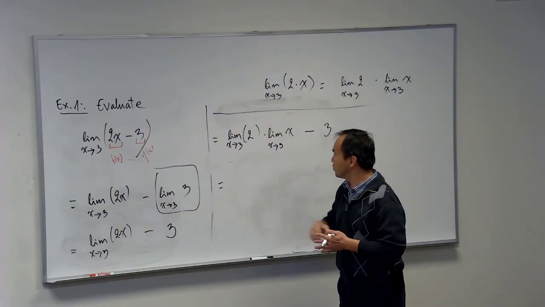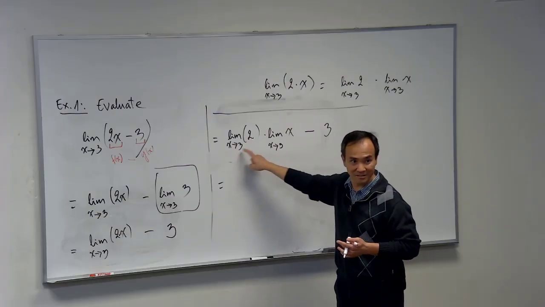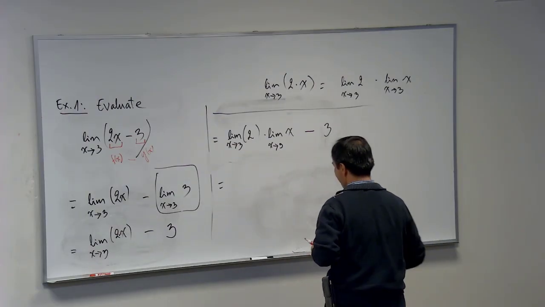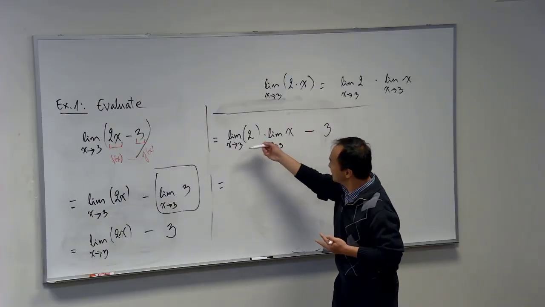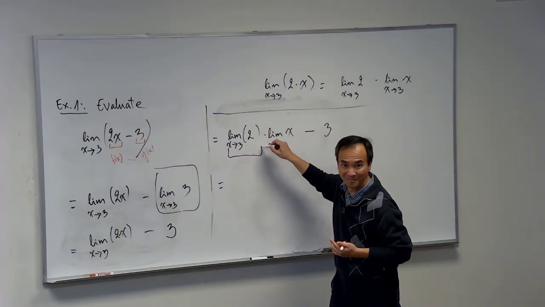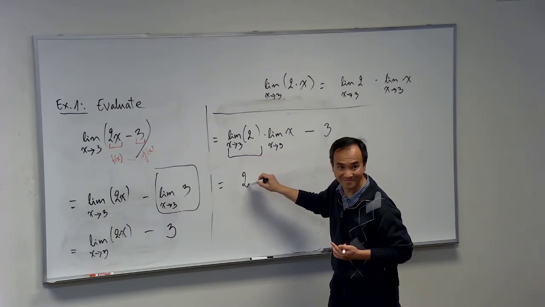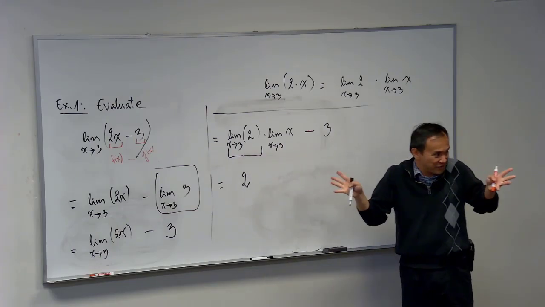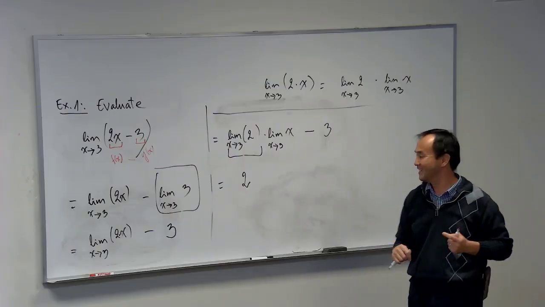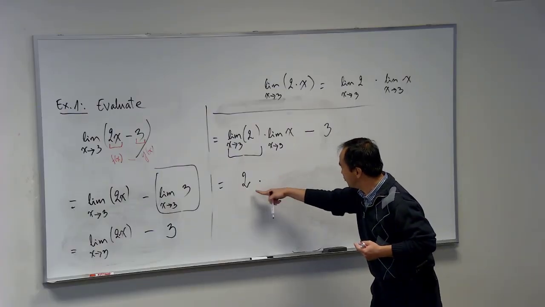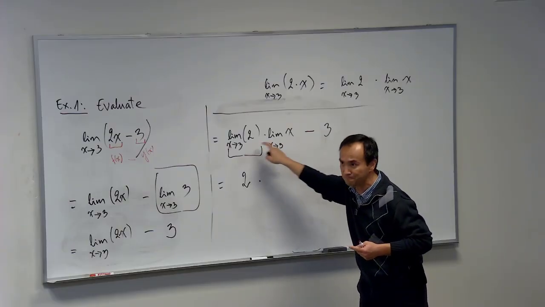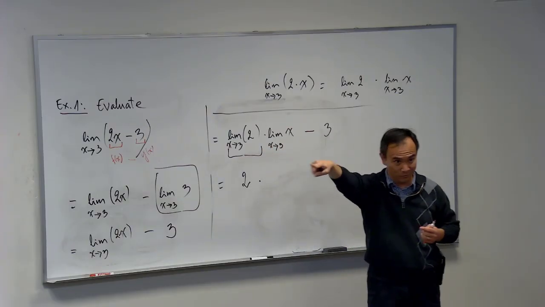Do you see the familiar laws have been among our work so far? What does that limit come out to? Just 2. It's a constant, a different constant function. And now we're allowed to multiply, using rule number 5 from the board earlier.